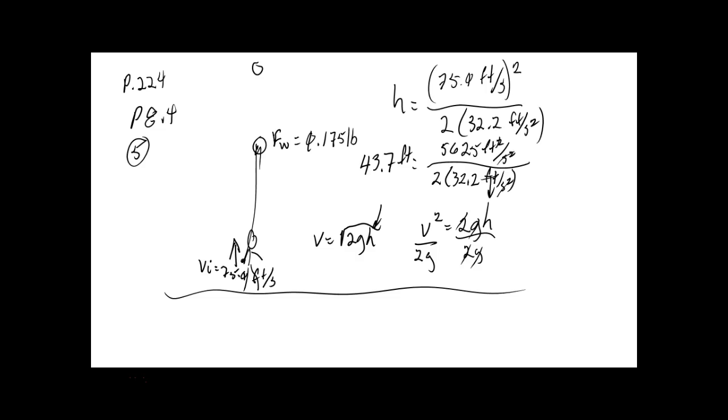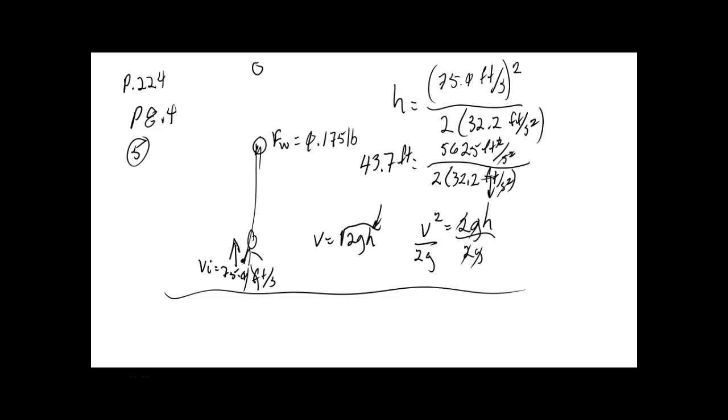Now let's just check and make sure everything's copacetic here, and that we are getting the same thing that we do in the back of the book. This is 8.4, number 5. Whoa, wait. 75 squared divided by 64.